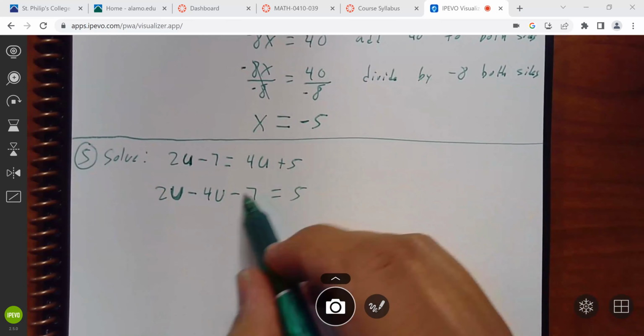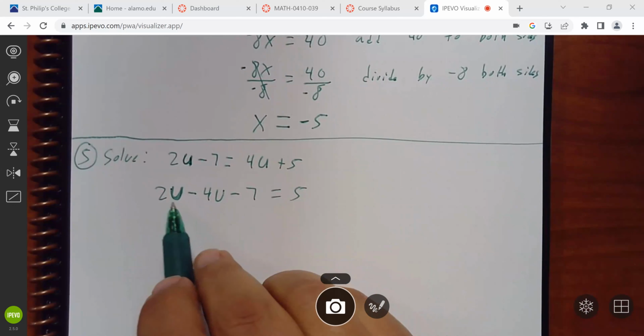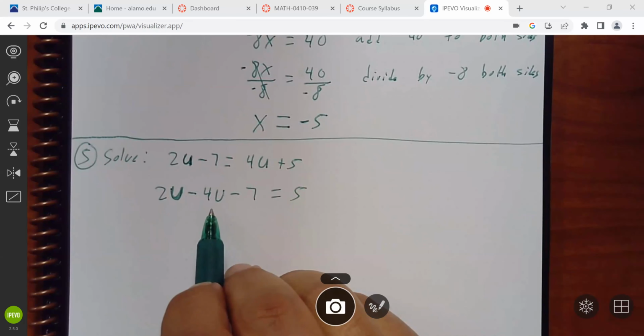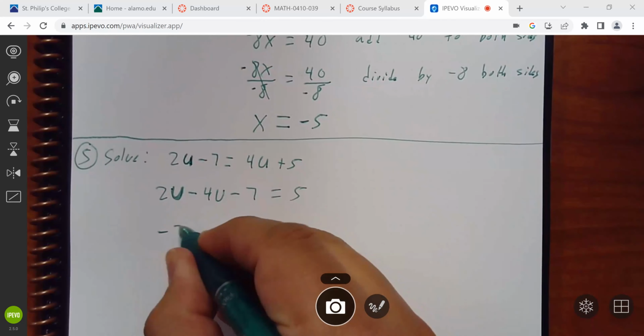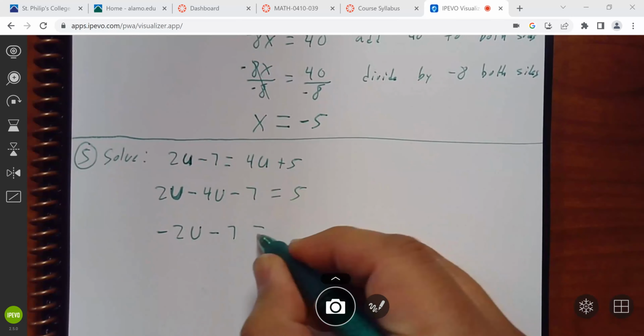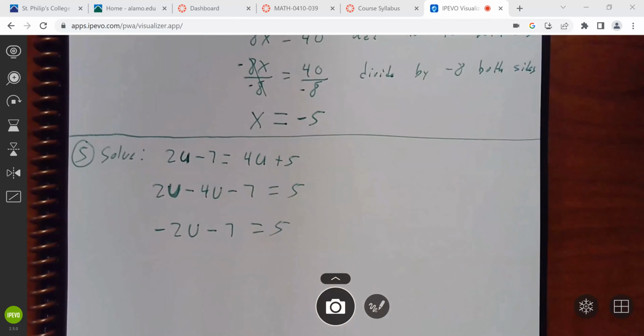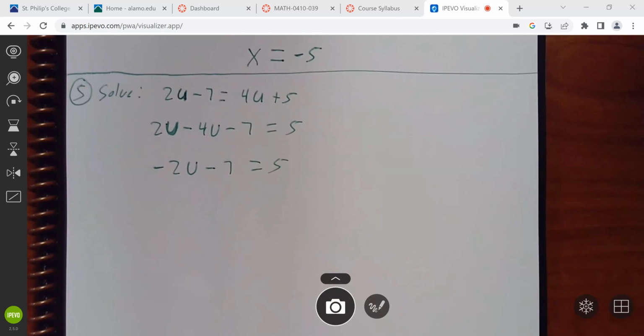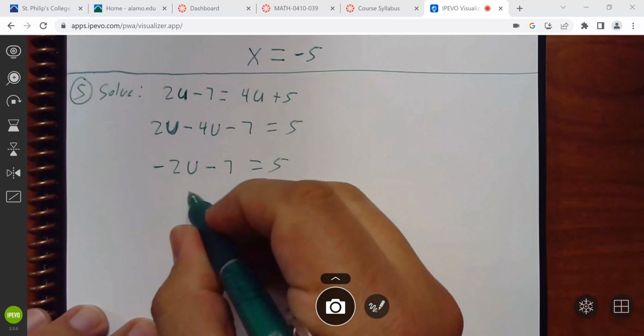I'll do the 4u, so now it's 2 minus 4, that's negative 2, negative 3. Okay, then add the 7.